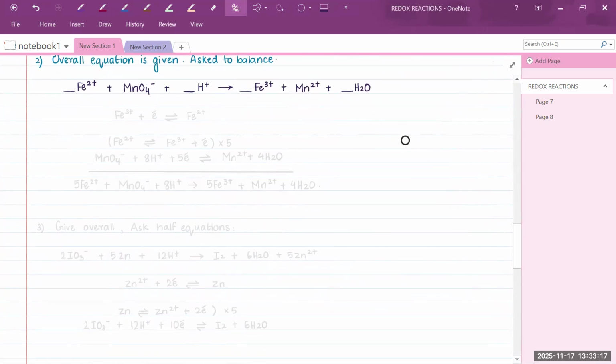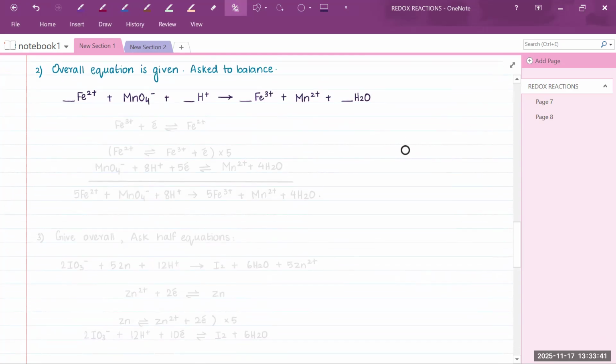What you'll have to do is go to the data booklet and see what reaction you'll have to pick out. Now you guys have it easy. You don't have the entire equation, but they'll give you a table with some equations, and it is easier to pick it out from 2 to 3 equations.